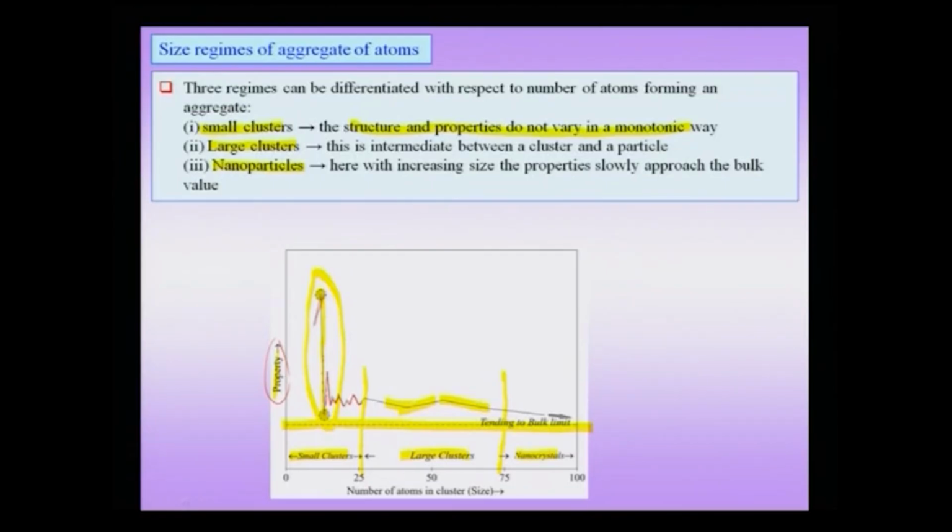On the other hand, we expect that somewhere all these fluctuations have to die down, and I have to approach the bulk value of my property, wherein I no longer have to deal with individual clusters like a 30 atom cluster or a 32 atom cluster separately, but I can talk about an average property which of course does not change with size, and that is my bulk limit.